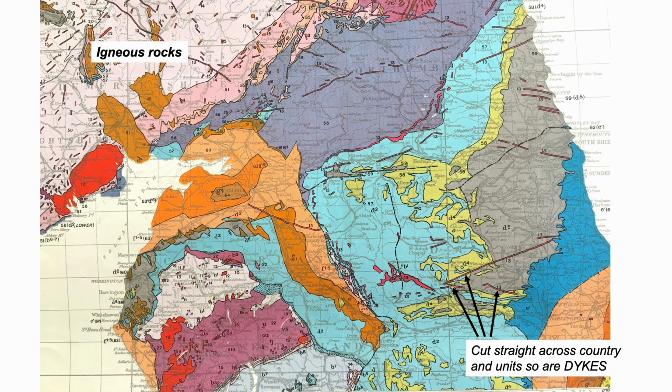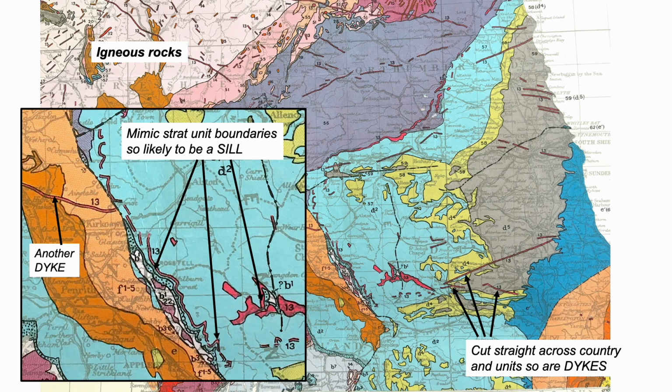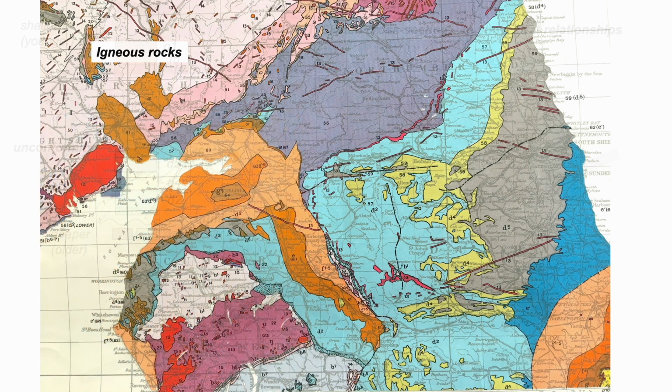So these are dikes. But in the central part of the map, the 13 unit is quite wiggly, and it follows quite closely and mimics the stratigraphic contacts. So these patches of 13 are igneous, but they're more likely to be a sill. So we'll have to take that into account when we come to put our cross section together.